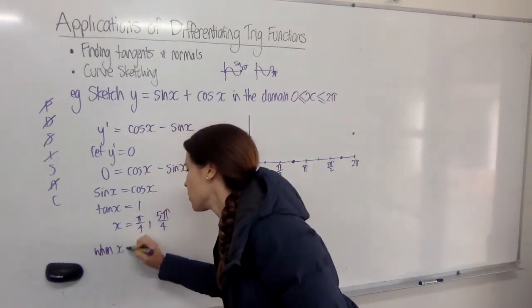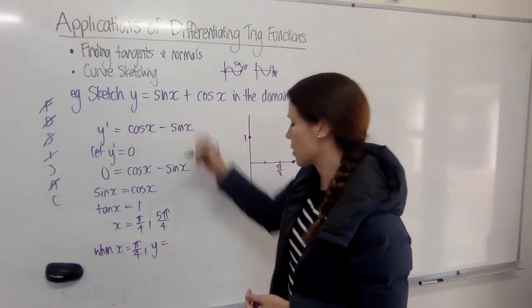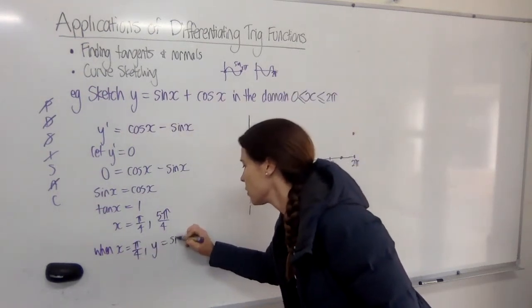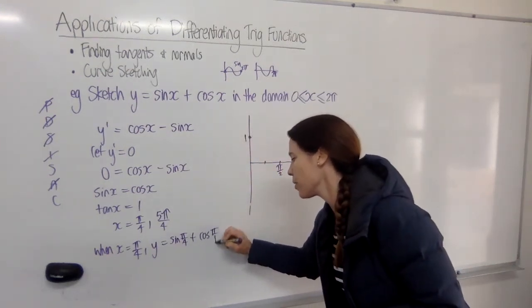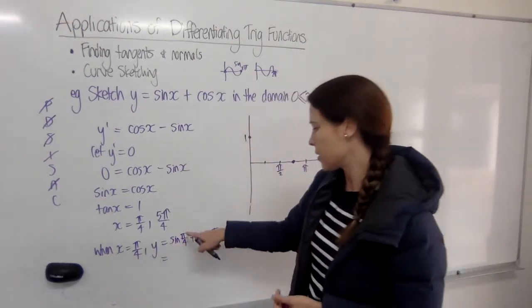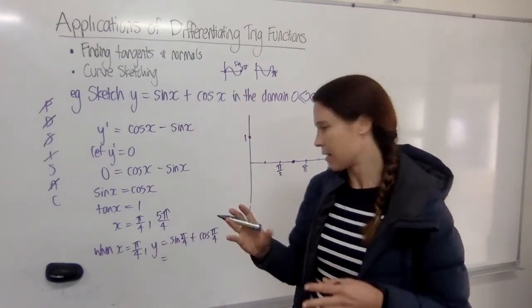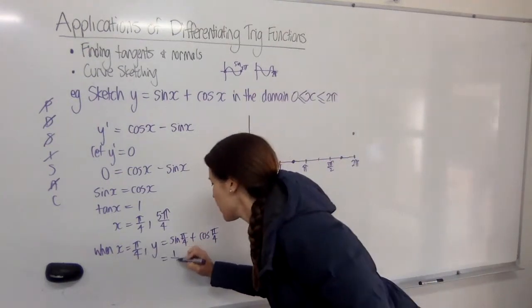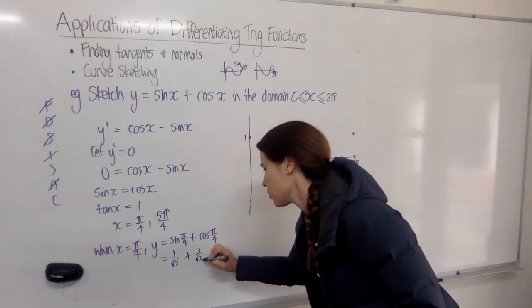When x equals pi on 4, what's y? Well, it's going to be the sine of pi on 4 plus the cos of pi on 4. Both of these are exact values that we should know. We have the sine of 45 degrees, which is 1 over root 2, and then the exact same thing, 1 over root 2.